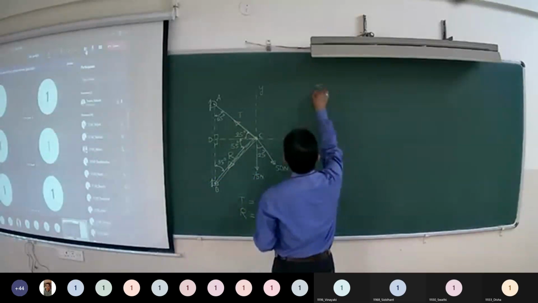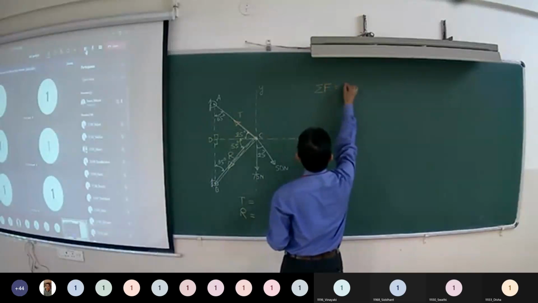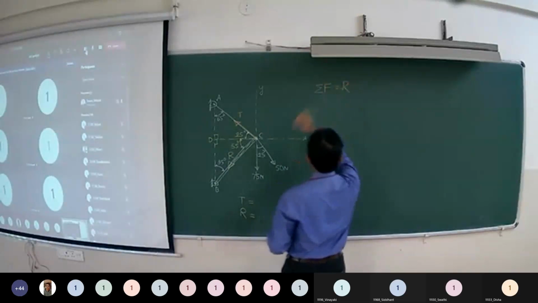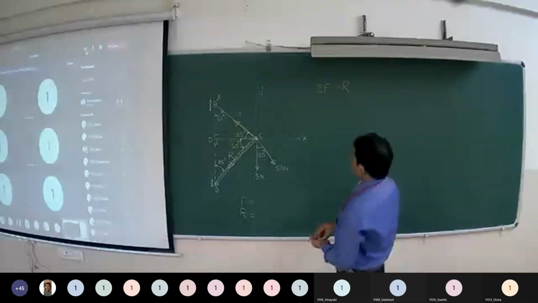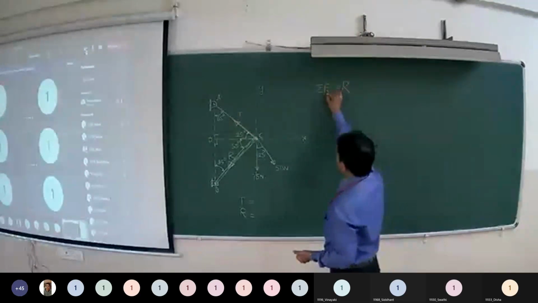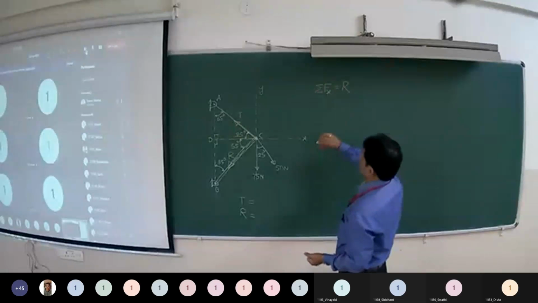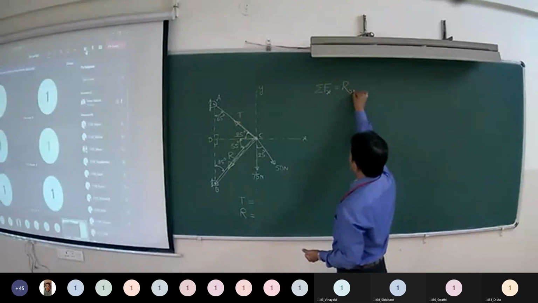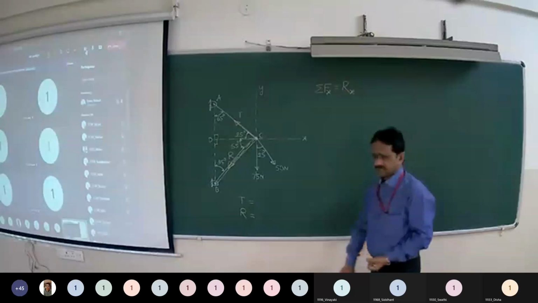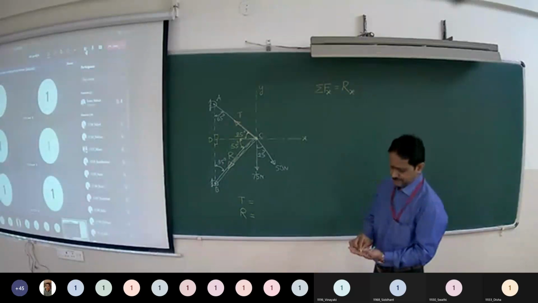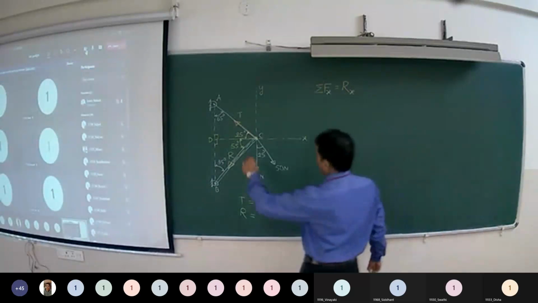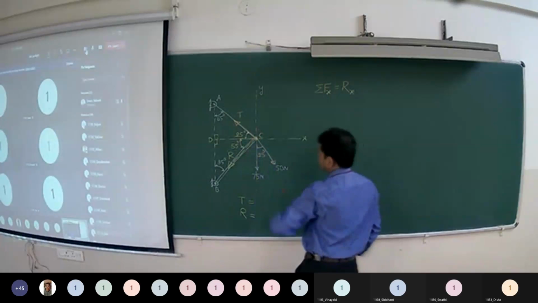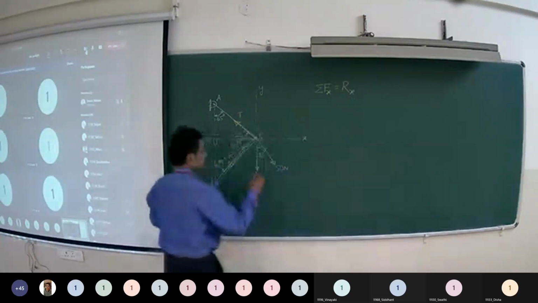Now we know that the algebraic sum of all the forces is equal to resultant. The algebraic sum of x components of all forces gives you x component of resultant. Am I right? Now let us write the x components of all these three forces.